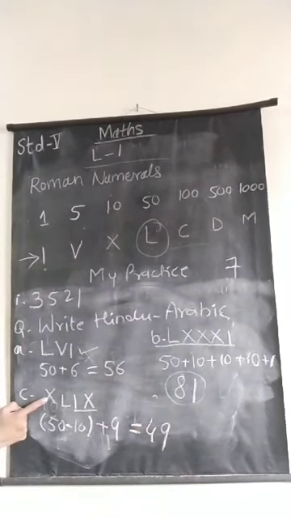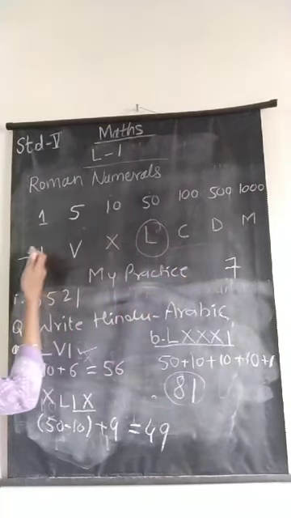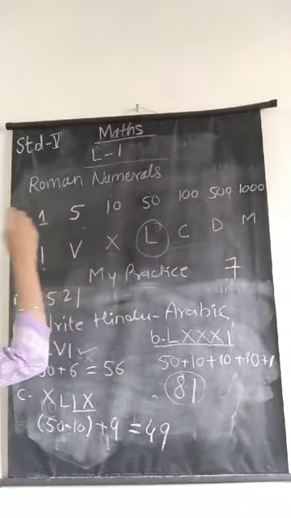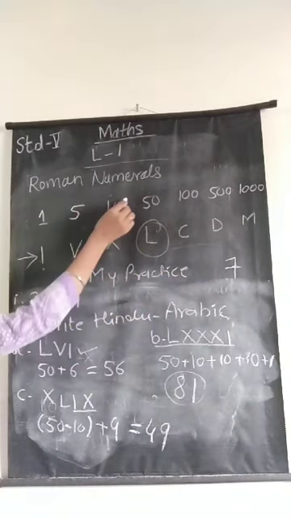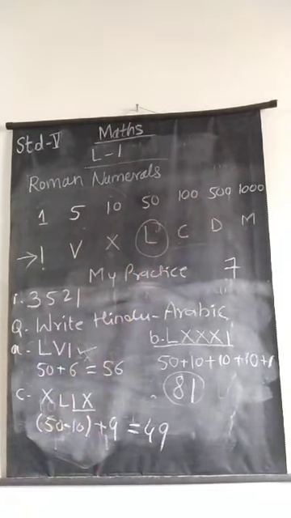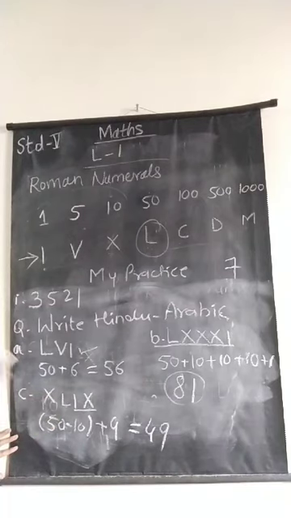When the smaller letter comes first and the larger comes second, in that situation you have to subtract. Now in this example you can see 10 is written first and then 50 is written. So 50 minus 10. Okay. Understand how to write?